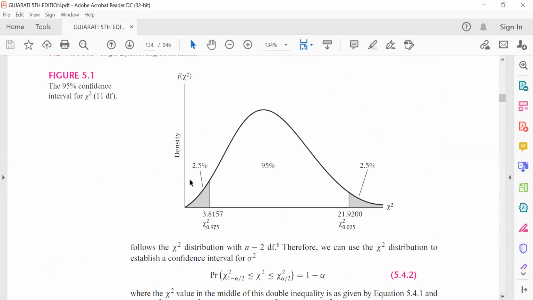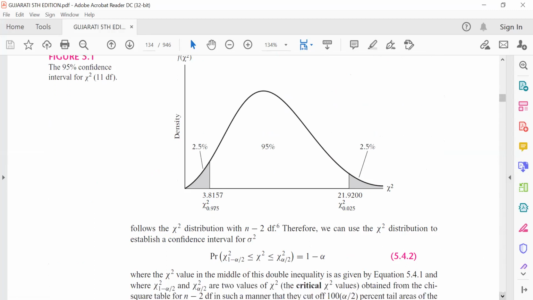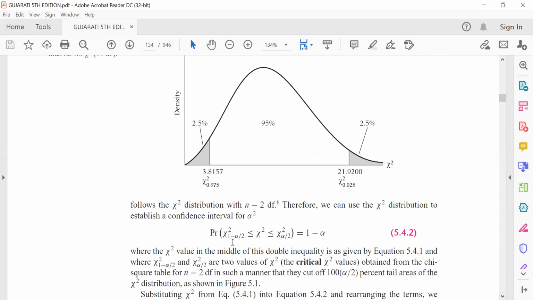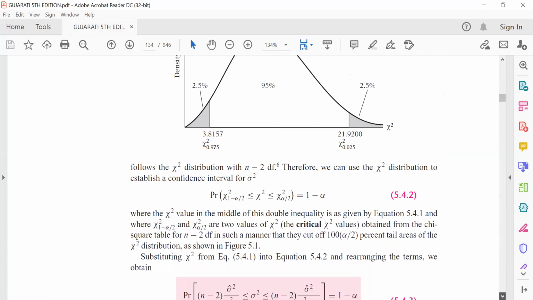This is the graph of the chi-square distribution. We have the lower part and the upper part. Following the chi-square distribution with n-2 degrees of freedom, we can use the chi-square distribution to establish a confidence interval for sigma square. You can look at the equation here.